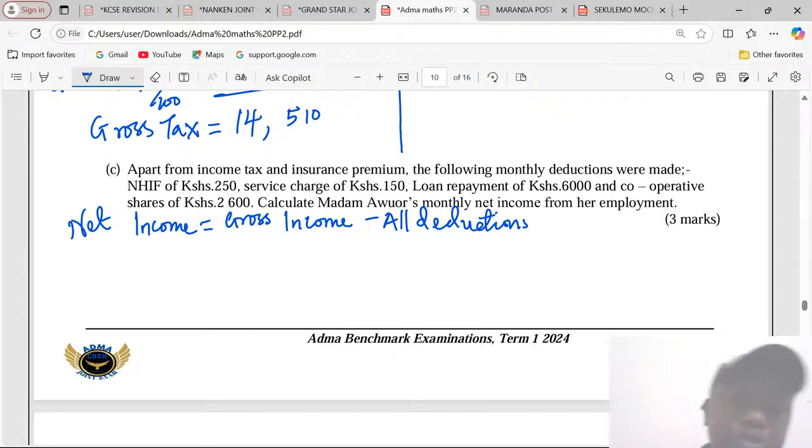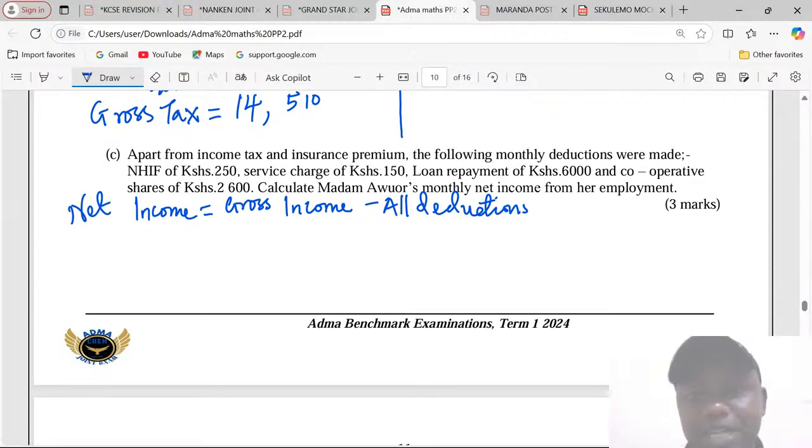The reason why I'm using gross income and not taxable income is because sometimes an individual might be earning a certain allowance which is not exposed to taxation. So that particular allowance is not part of taxable income, but it is part of the gross income. So we need it to know net income.